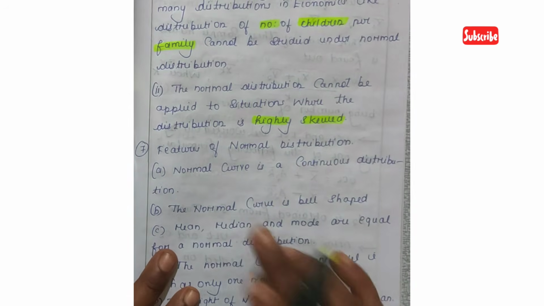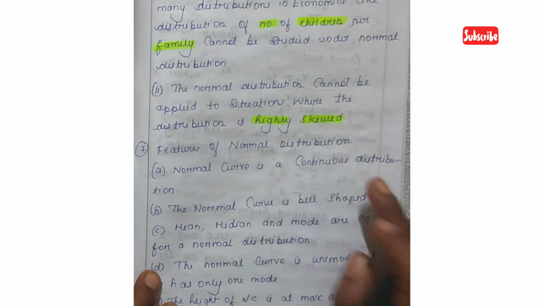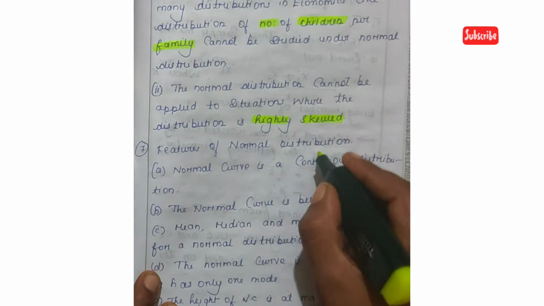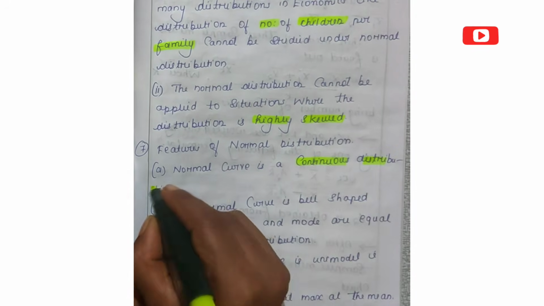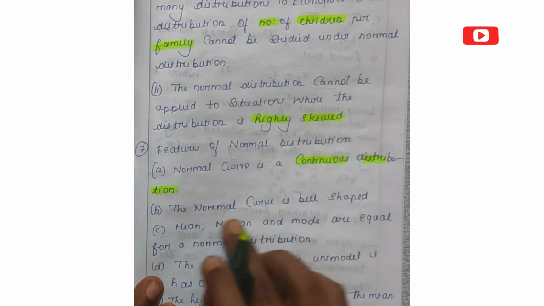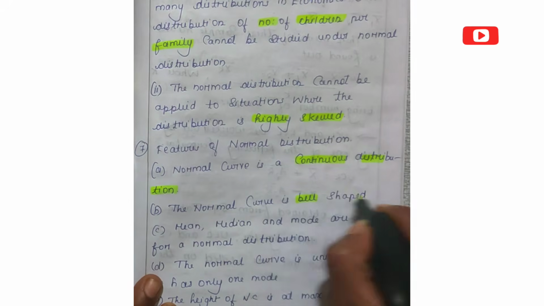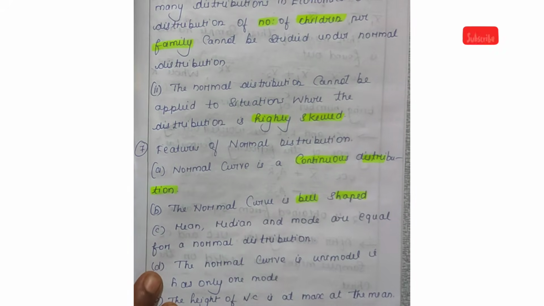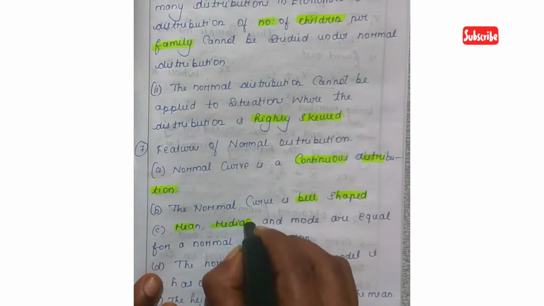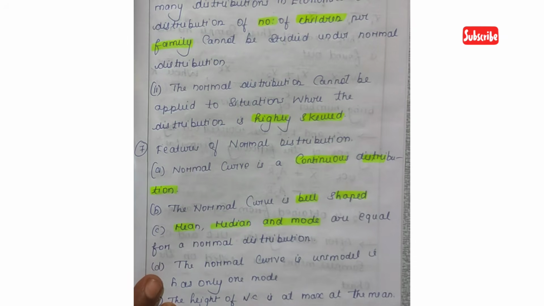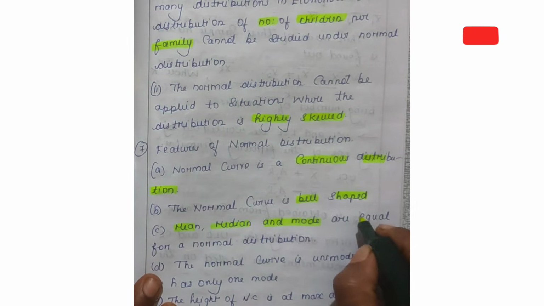Next question, features of normal distribution. A normal distribution is a continuous distribution. Normal curve is bell-shaped. Mean, median and mode are equal for a normal distribution.